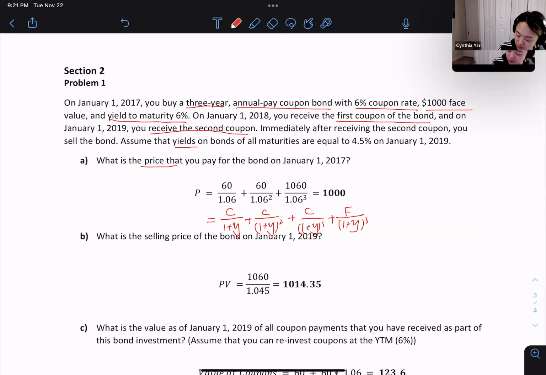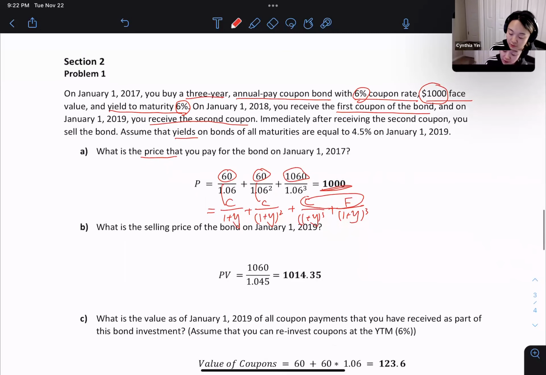And because it's a $1,000 face value, the coupon is $60, and you can combine C plus F together, which will be 1,000 plus $60. Okay, so it's just 1,000. It's not surprising because the coupon rate is the same as the yield to maturity. Both are 6%.